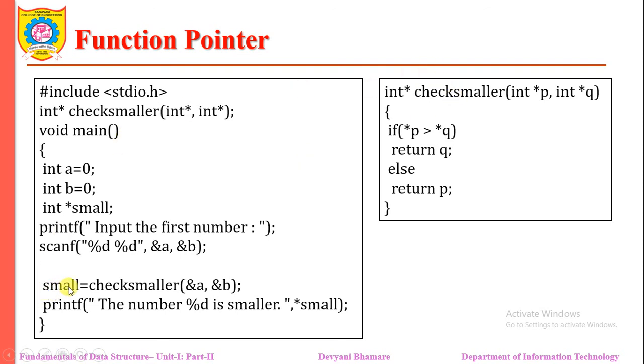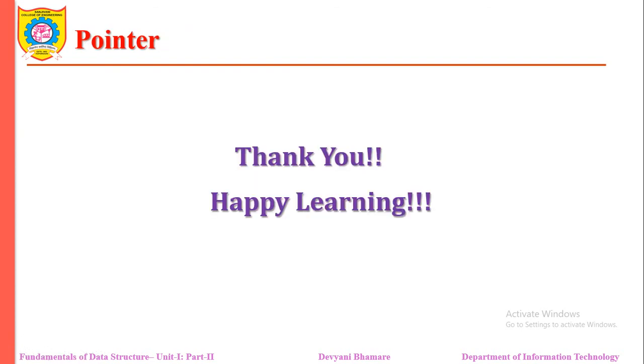The storing side in the calling function is again a pointer. We have seen that p equals q, meaning we can assign one pointer value to another. In this fashion we get a pointer to the smaller value, and with the help of this pointer we display which is the smaller among a and b. Like this, we conclude the advanced pointer concepts. Thank you. Happy learning.